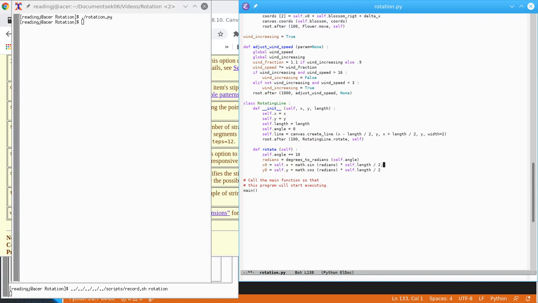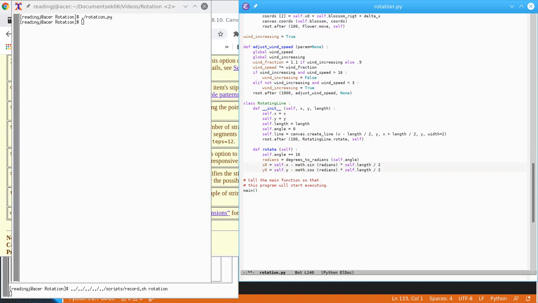And I put a semicolon there because I'm still thinking in C. And this should have been minus. And this should be minus. Okay.